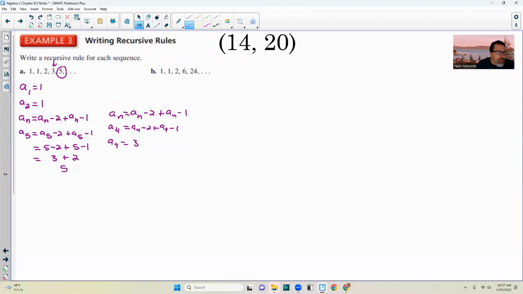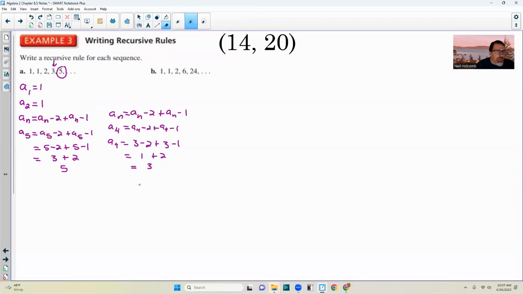So that's going to be 3 minus 2 plus 3 minus 1, which equals 1 plus 2, which is 3. And the fourth term is 3. So there's our rule. So what you do is you take the nth term, subtract 2, and then add that same nth term and subtract 1.